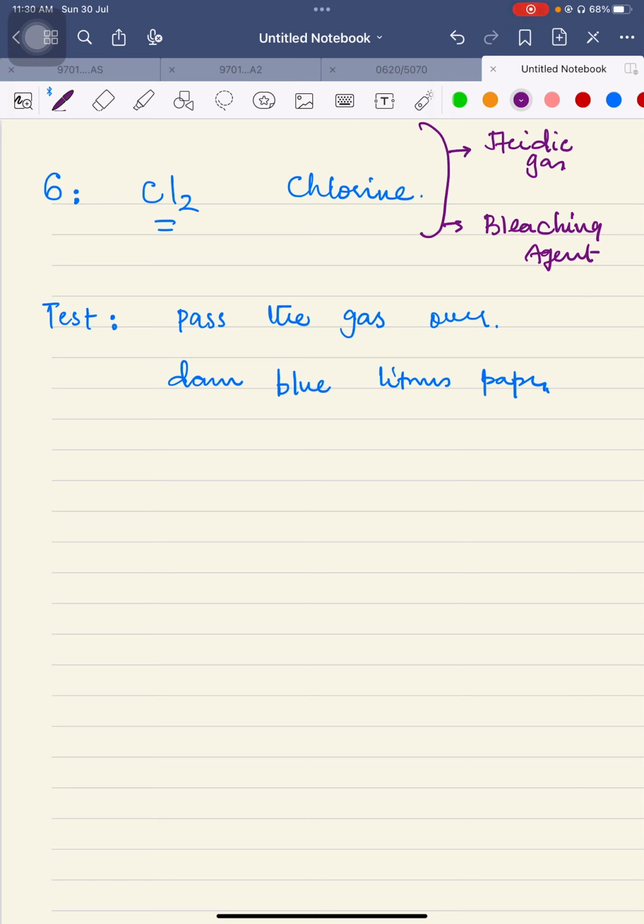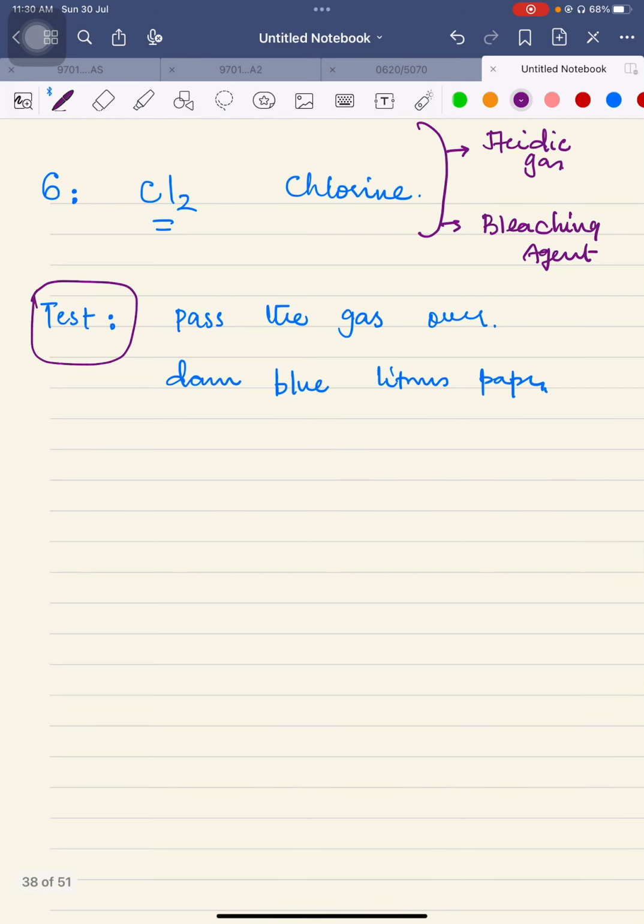Okay, now I am taking you to the next page, and we can do it on the same page. We are going to identify chlorine. Okay, so what is the test? It is pass the gas over damp blue litmus paper. And what is the observation?